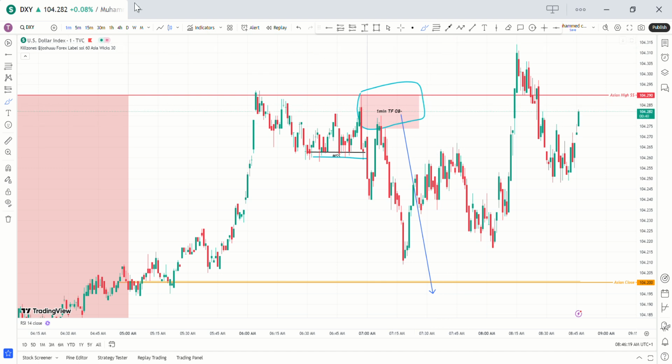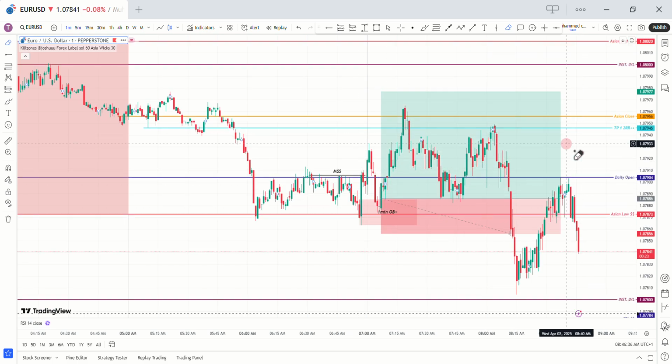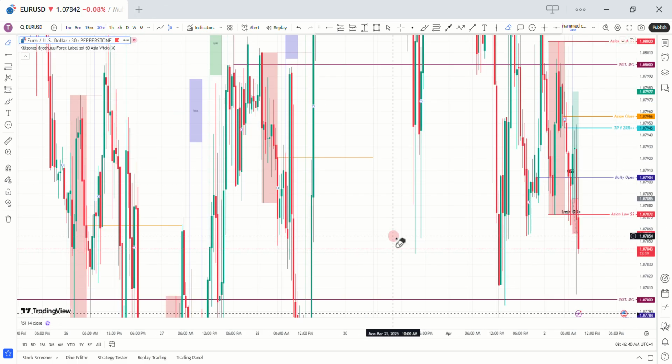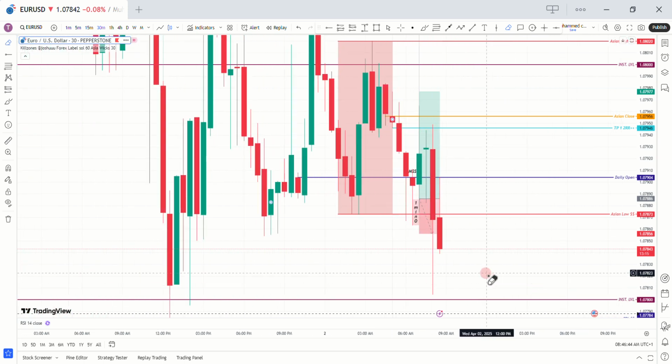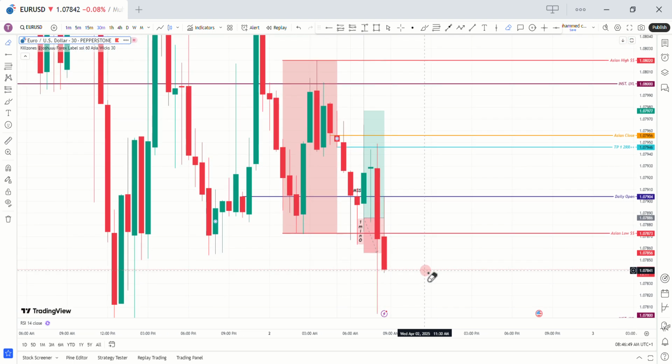Before price had even made the sell, I quickly switched to EU, because it's the same thing that happened on DXY, which I explained happened on EU, but it is the opposite, the bullish version.